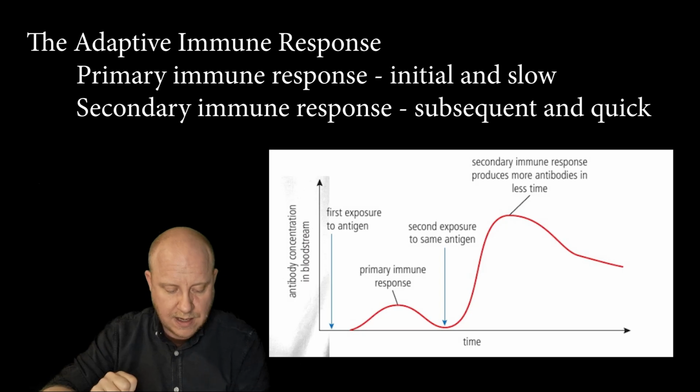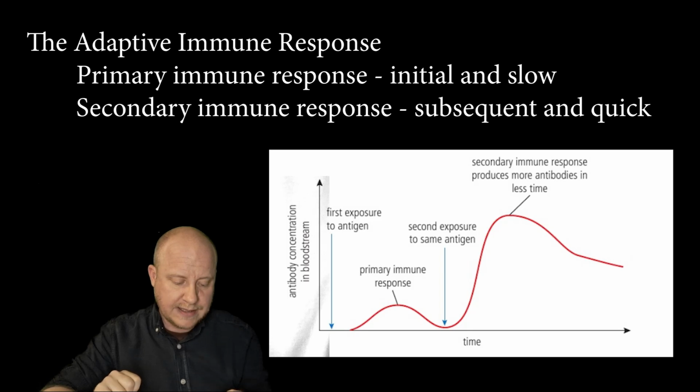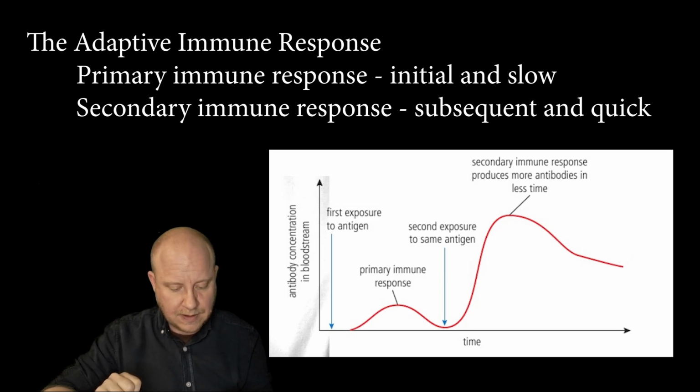Okay, so we have a graph of this. We've got time on the x-axis, and then on the y-axis you have antibody concentration in the bloodstream. The first point there is first exposure to antigen. That's when we're starting our time scale, right?